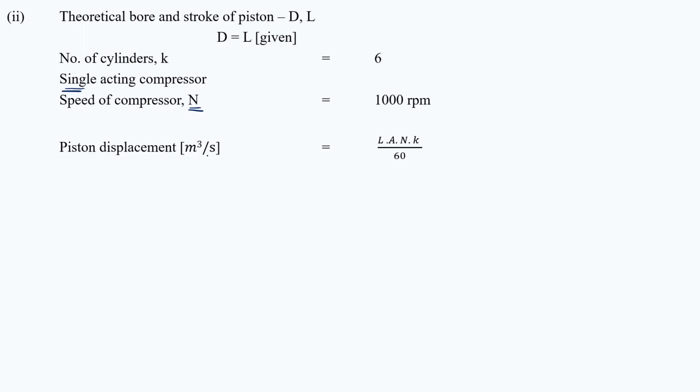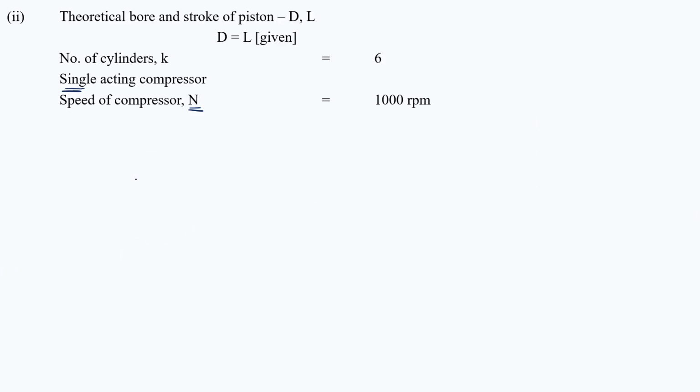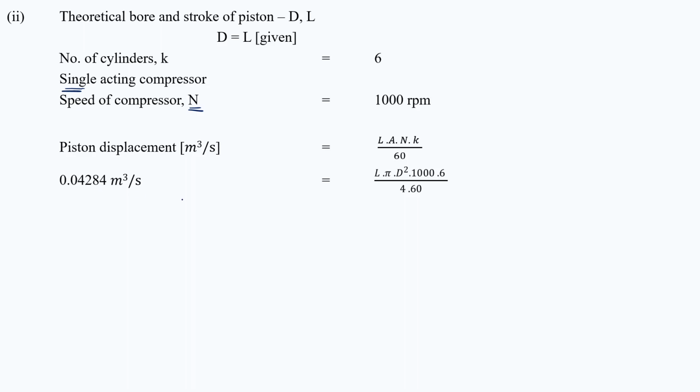If it was double acting, we would have to substitute 2000, that is into 2 instead of 1000. Since it is single acting, we can directly substitute speed as 1000 rpm. Then piston displacement in meter cube per second, which we already found previously, can also be written as L A N K by 60, that is stroke into area of the bore into speed into number of cylinders by 60. So 0.04284 is equivalent to L into pi into d square into 1000 into 6 by 4 into 60.